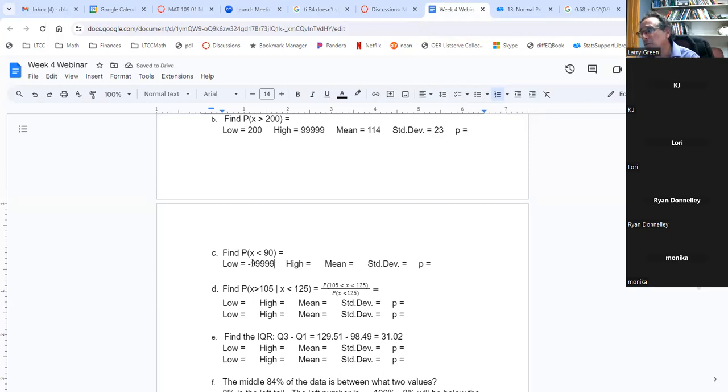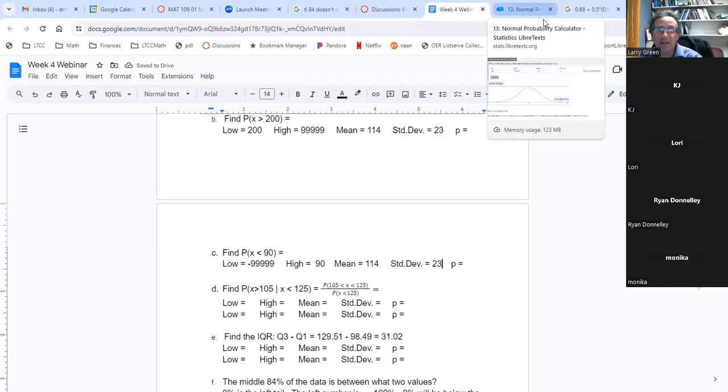If you plug in 0, you won't get the right answer, by the way. What's the high? Yeah, the high is 90. The mean is 114. That doesn't change. And the standard deviation is the same, 23. So let's go find it.